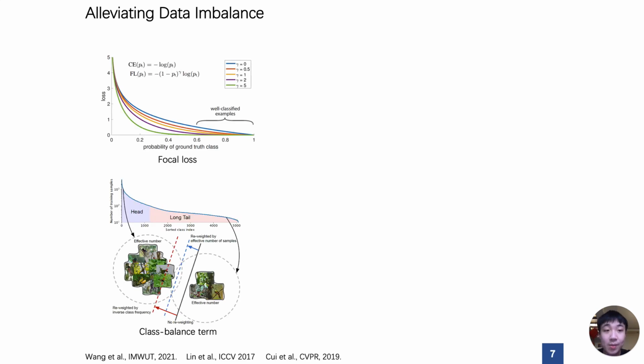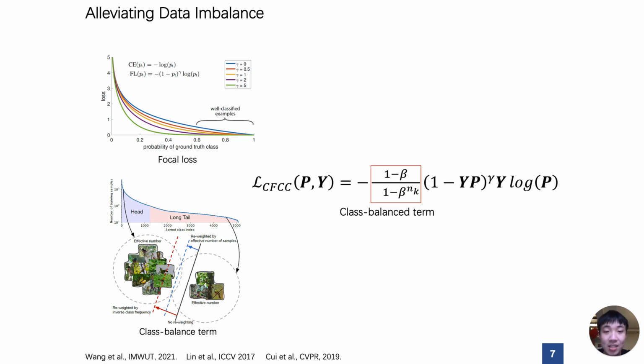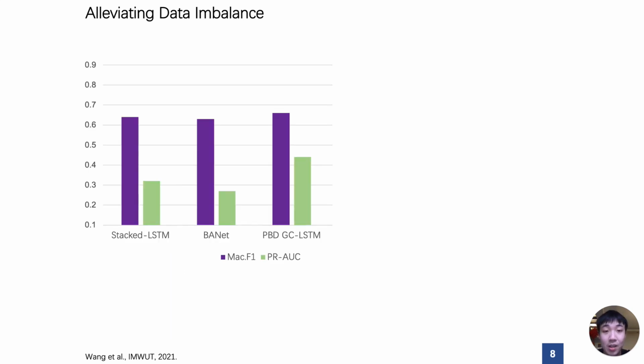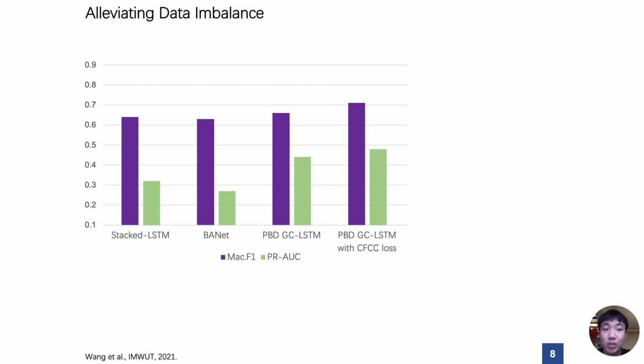Toward this, we combined two successful plugins for loss function engineering that were originally proposed for object detection in computer vision. The first is the focal loss, and the second is the class balance term. We adapted those two for the categorical cross-entropy loss used in this paper. By alleviating the data imbalance during training, the performance improved, but the PR-AUC is still below the chance level.